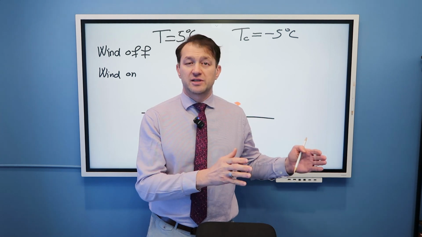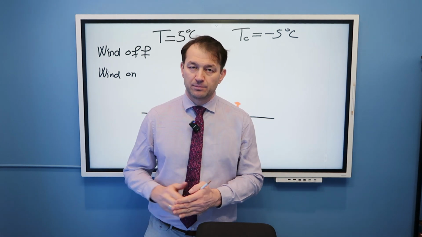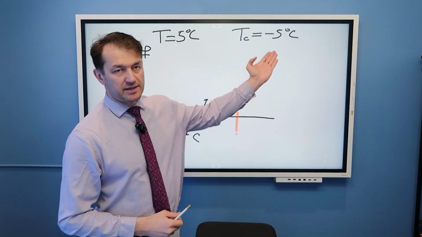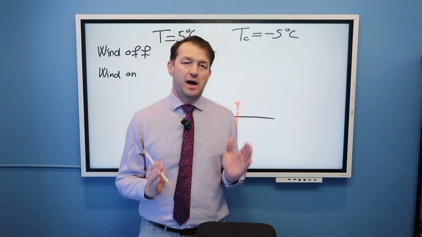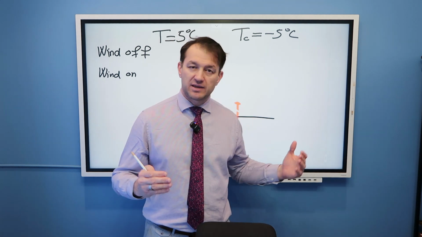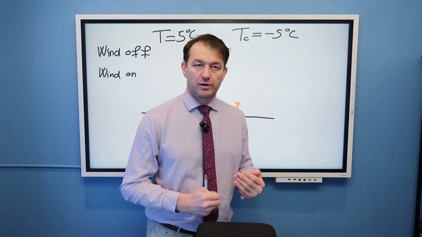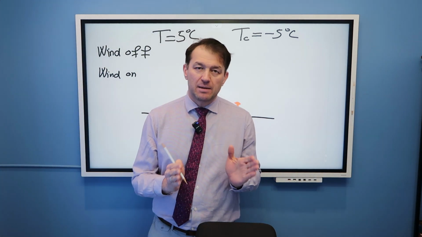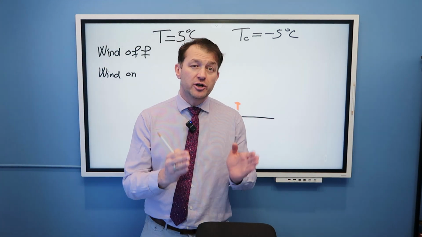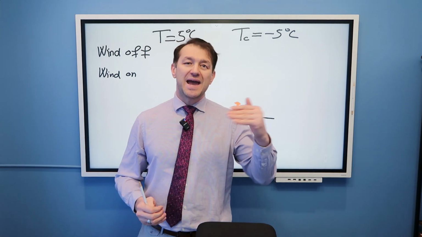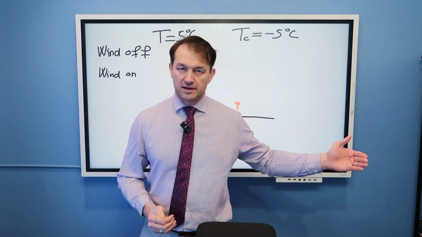That was the first important point. The second important point is the following. In this particular scenario, keep in mind that your skin temperature or body temperature can never drop below 5 degrees Celsius. Body temperature or skin temperature can only drop to the value of ambient temperature. But it matters a lot how we get there.